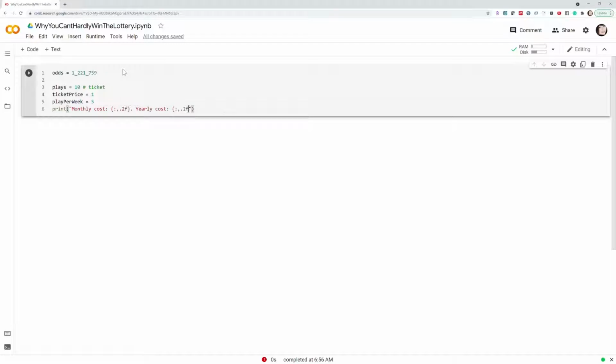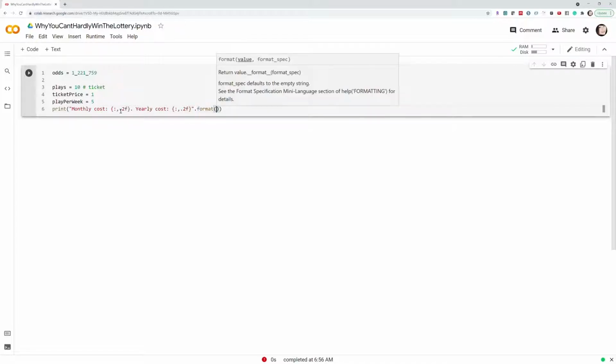So what I'm telling Python is that I want the money to be shown so that every 3 digits are separated by a comma, and I just want the amount up to 2 digits after the decimal point.